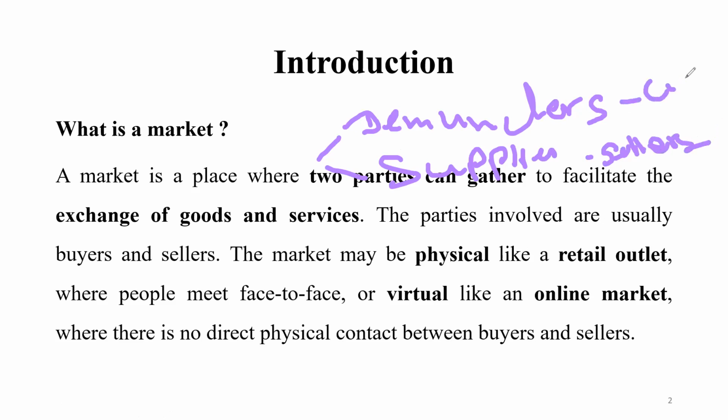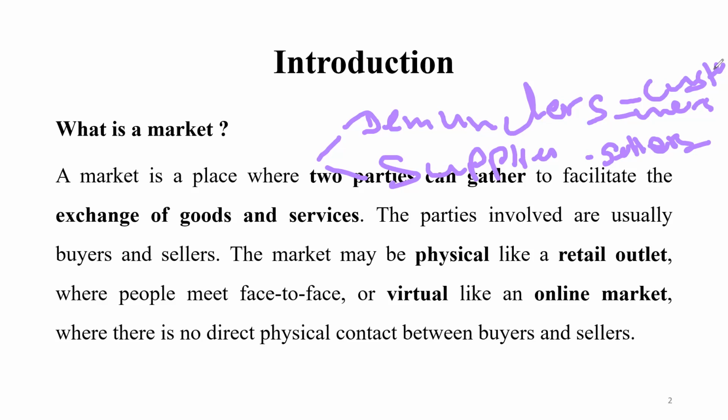The demanders actually means the customers. The customers and sellers can gather to facilitate or exchange a good or service. So that is a place where two parties meet together and come to a common agreement.